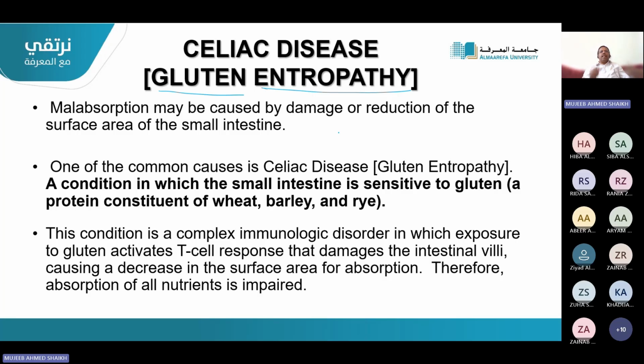It's a type of protein. Yes, they label it: this is gluten free. Or if you travel somewhere, they will ask you, are you allergic to gluten? In the flight, they will provide a gluten free meal, right? So this is a protein to which the person is allergic, having hypersensitivity to gluten.